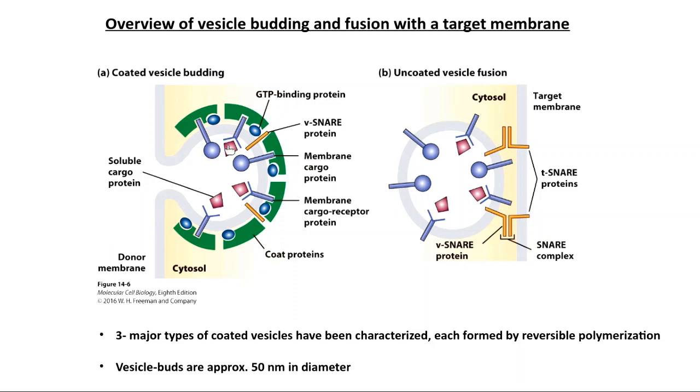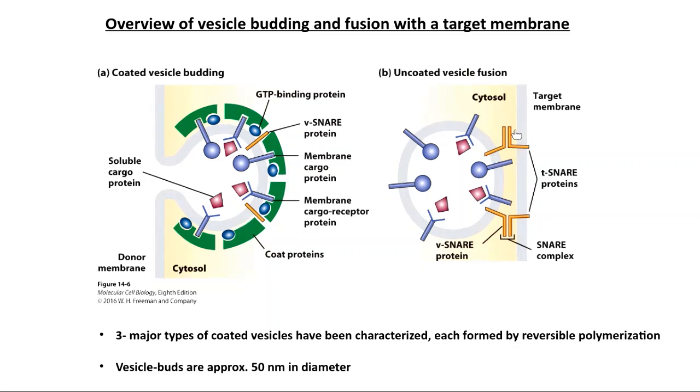Once these proteins are recruited, we can depolymerize or shed the coat. Once we shed the coat, we will expose these V-snare proteins which are embedded in the vesicle membrane.